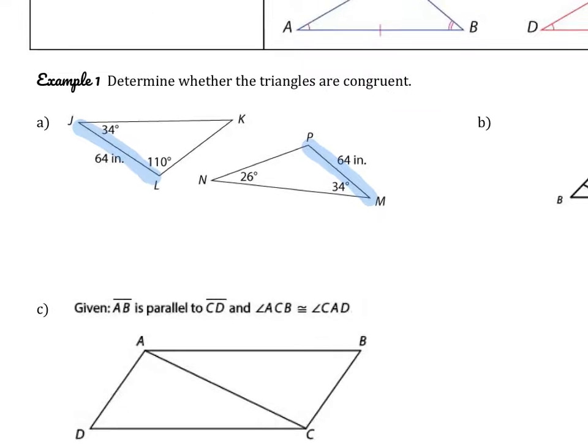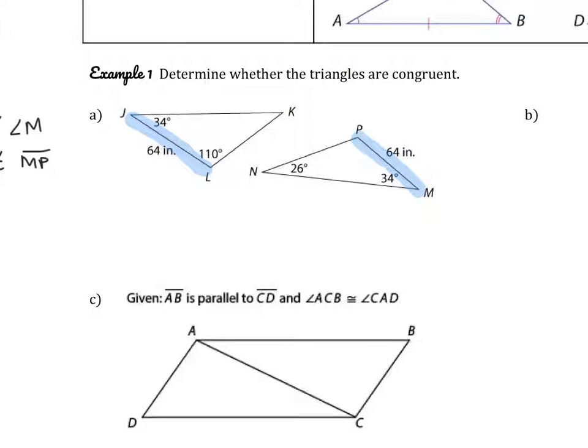We can use the fact that triangles add up to 180 degrees. So we would say 180 equals 26 plus 34 plus angle P. So we get 180 equals 60 plus angle P. That means that angle P is equal to 120 degrees.